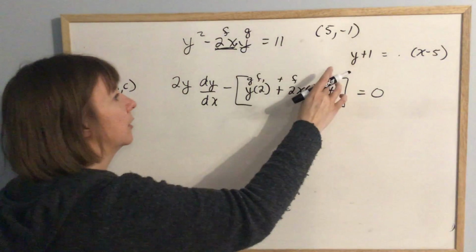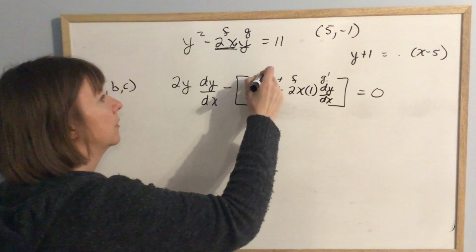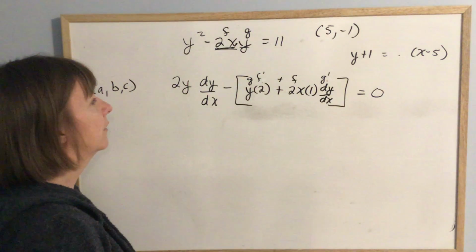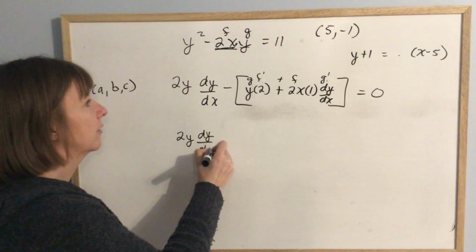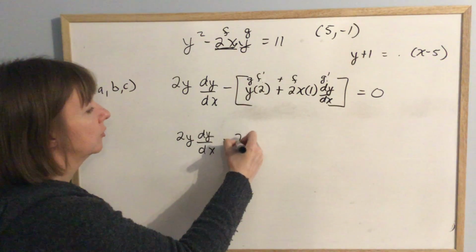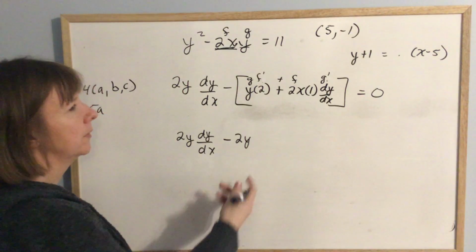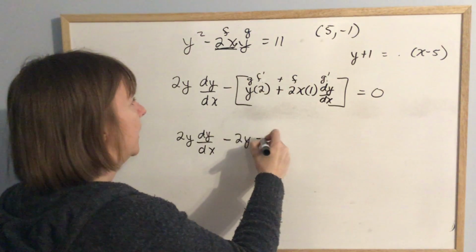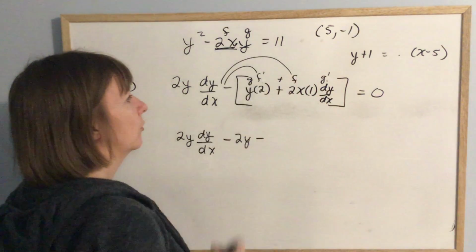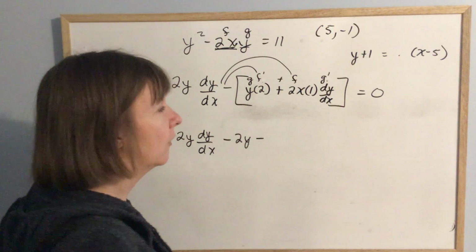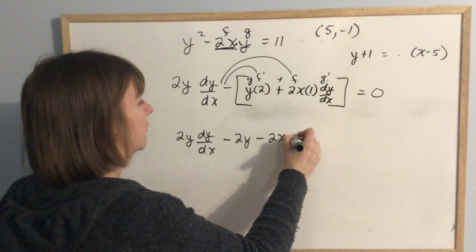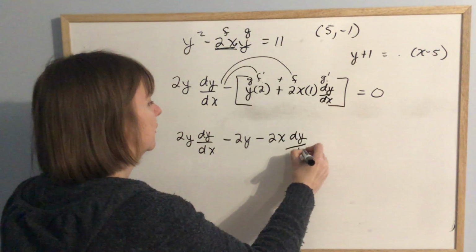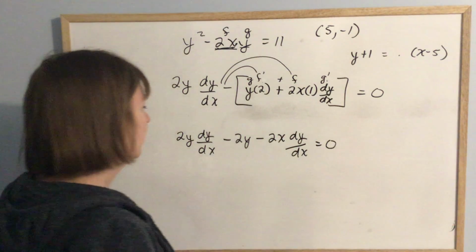Okay, so 2y dy over dx minus 2y, again just cleaning it up, and again minus, because the minus goes with both of them, don't mess up your signs, so minus 2x dy over dx equals nothing.